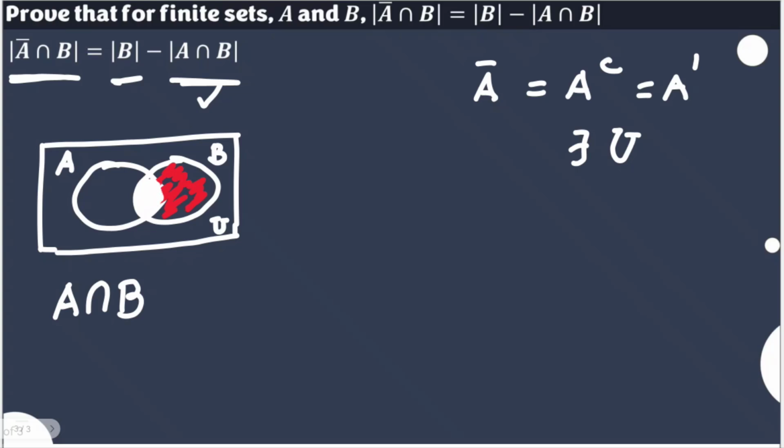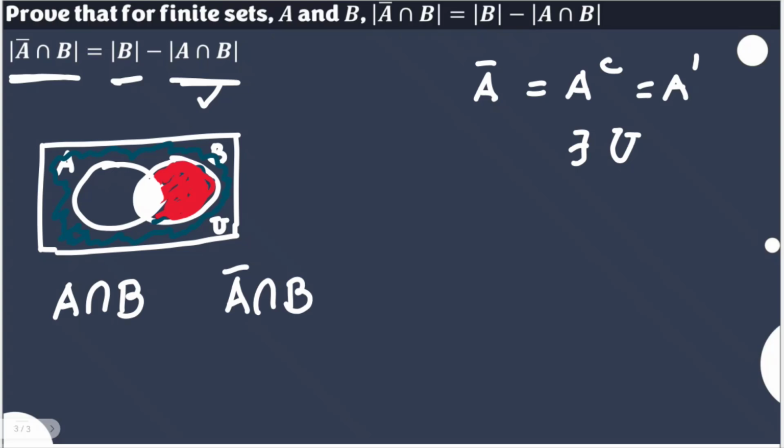This is the area common to both A and B. And if we talk about the intersection of the complement of A and B, it talks about all the rest outside A, and its intersection with B, which corresponds alone to this red here, because this is the area outside of A and common to B.